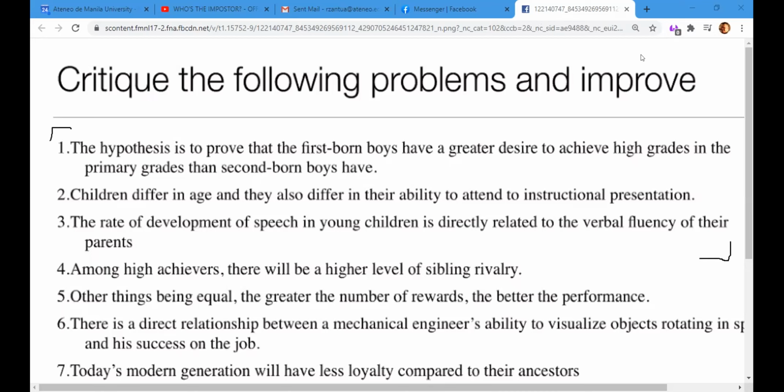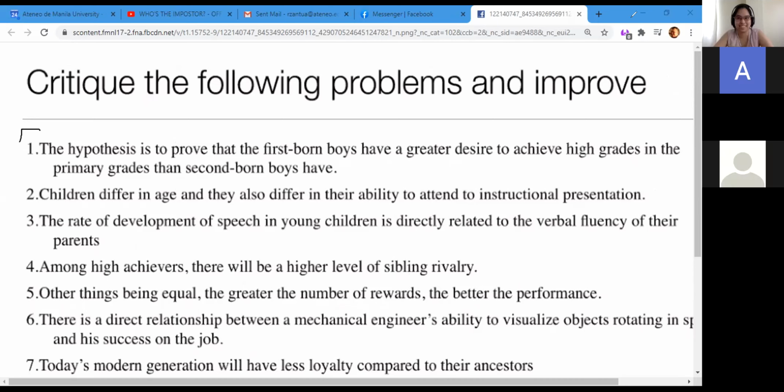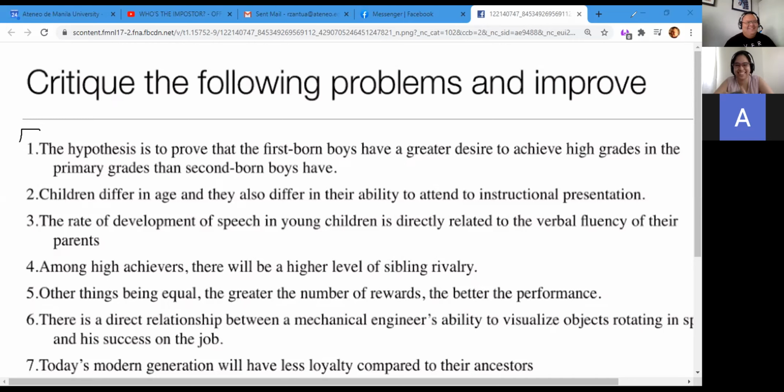Okay, so what do you do? I guess first things first, no proof. Oh yeah, wait lang. I-type doon.